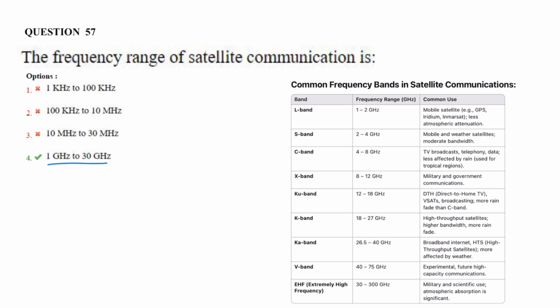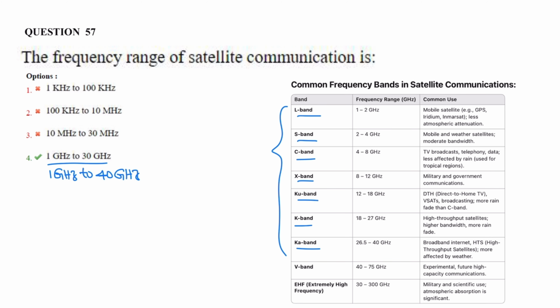These are the bands used in satellite communication: L band 1 to 2 gigahertz, S band 2 to 4 gigahertz, C band 4 to 8, X band 8 to 12, Ku band 12 to 18, K band 18 to 27, Ka band 27 to 40 gigahertz. It can be written as 1 gigahertz to 40 gigahertz or 30 gigahertz.